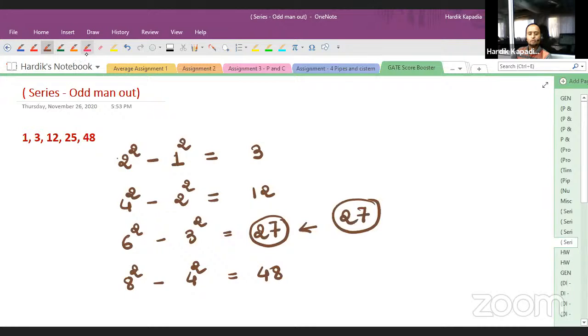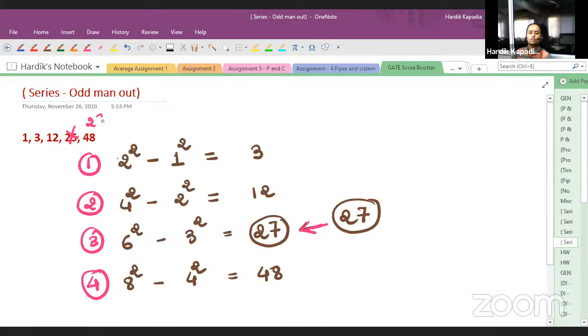Here the differences are 2 minus 1, 1; 4 minus 2, 2; 6 minus 3, 3; 8 minus 4, 4. So for that reason, the pattern of this series is this, and you'll get 27 instead of 25.